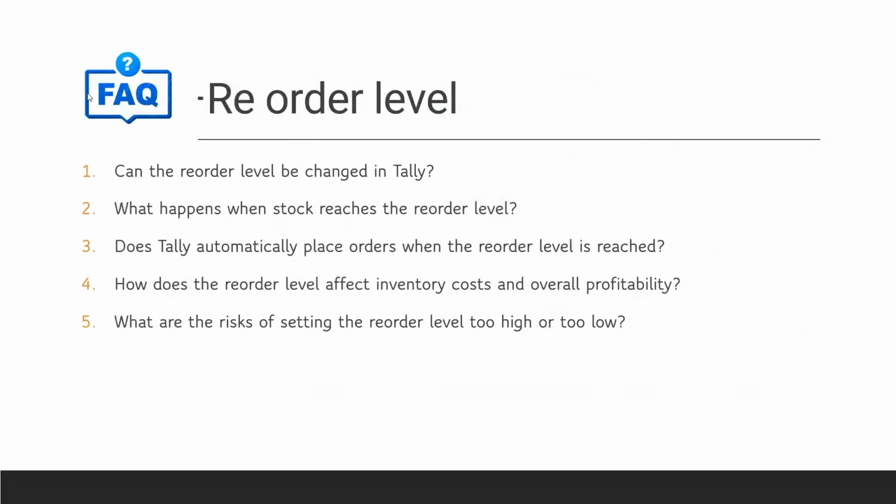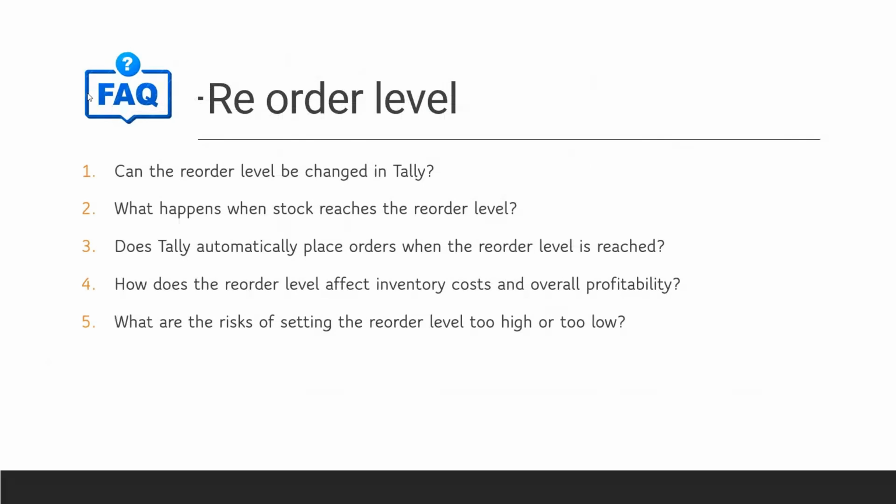Second thing that is frequently asked, what happens when stock reaches reorder level? When stock reaches the reorder level, it signals it is time to place a new order for the product. This ensures that the item remains in stock and available for our customers to purchase.